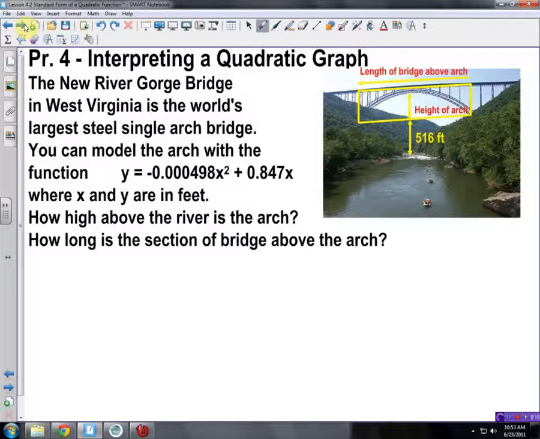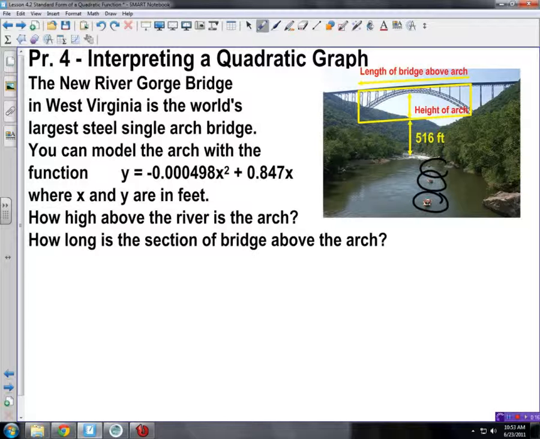Here we have a picture of the New River Gorge Bridge, which is in West Virginia. It's the world's largest steel single arch bridge. It looks pretty tall. We have some rafters down there. It's 516 feet to the bottom of the arch.